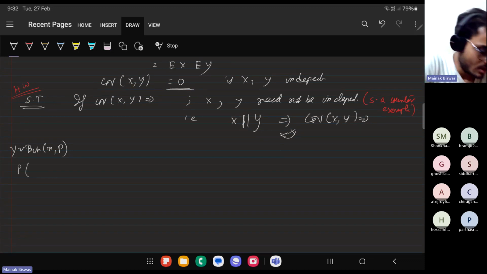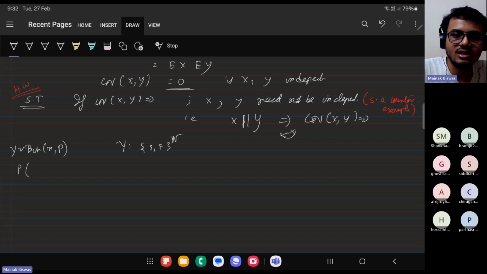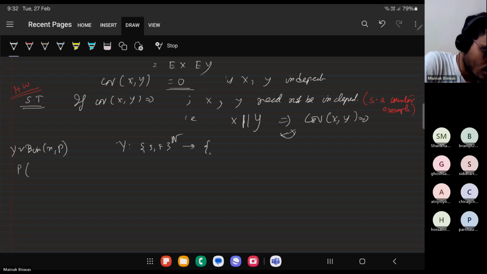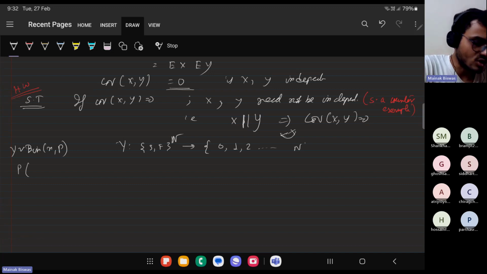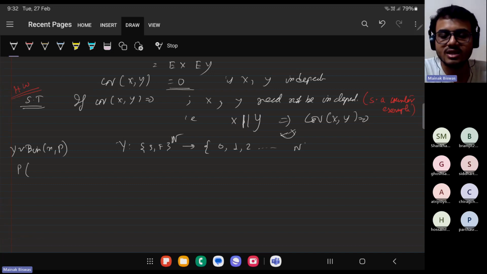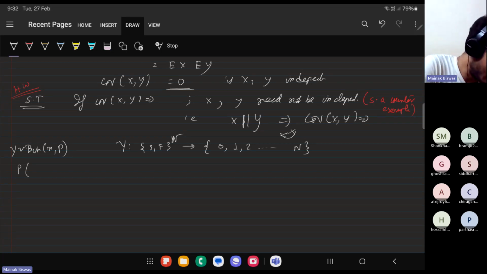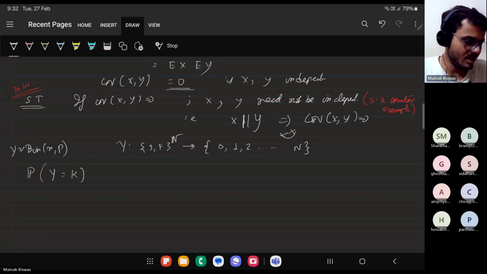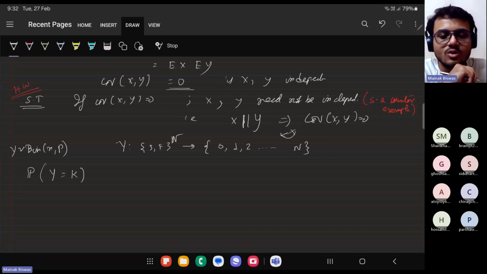Y is success, failure, and n of these success, failure trials, giving 0, 1, 2, 3, up to n. So it is going to sum the number of successes, isn't it? I hope that is clear. Let us see. So probability of, say, Y equal to k, can you tell me what does this Y equal to k mean?